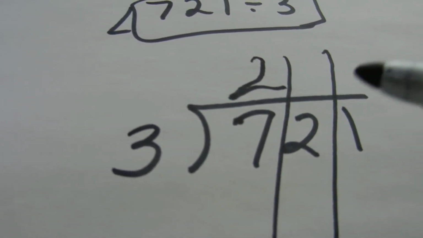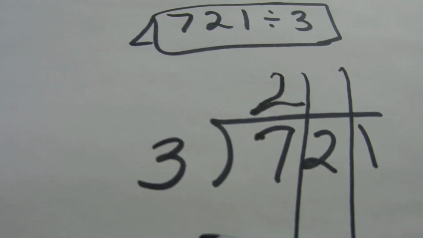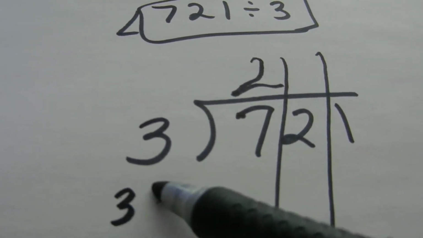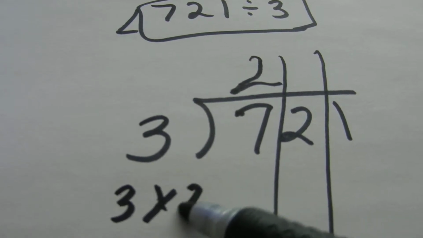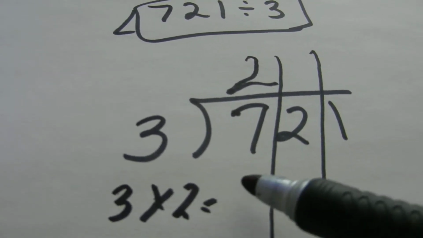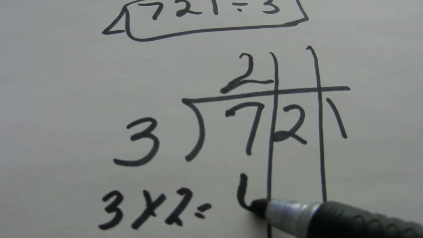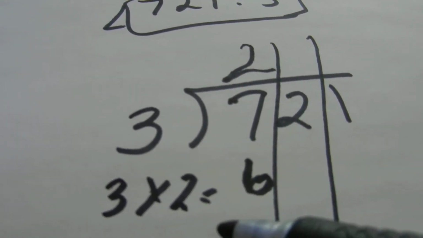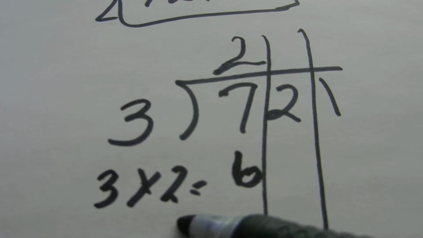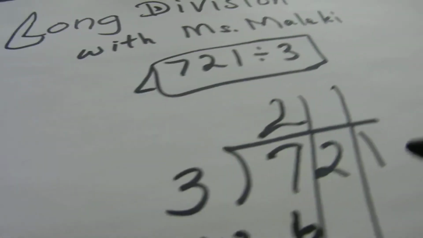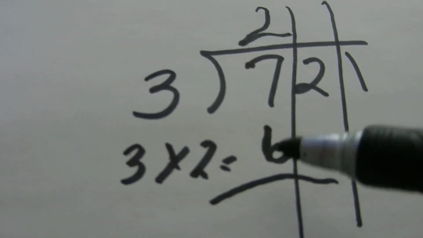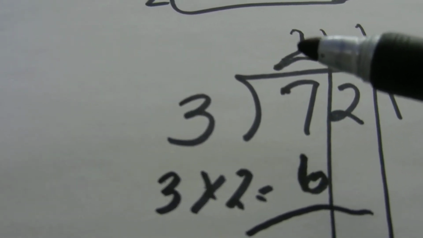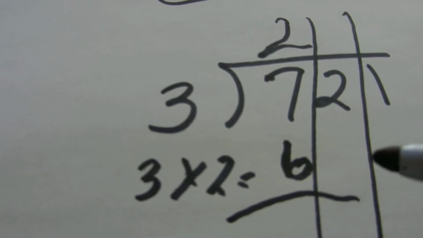Okay, so we're going to multiply 3 times that 2, and we should get 6. Okay, so we've divided, we've checked it out by multiplying our guess, and we have 6, which means 3 times 200, basically, as the 2 is in the hundreds place, equals 600.